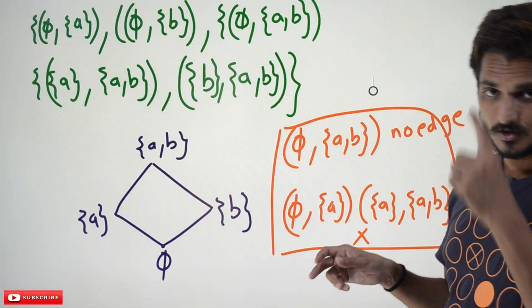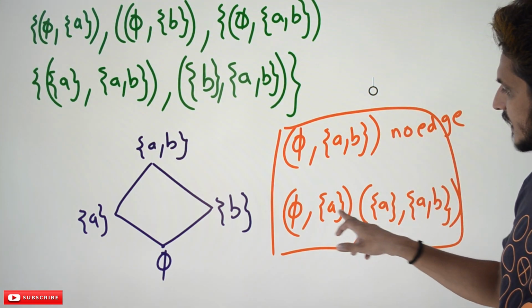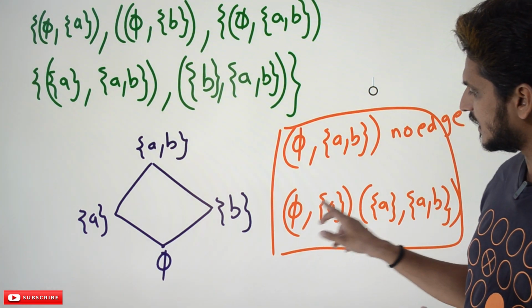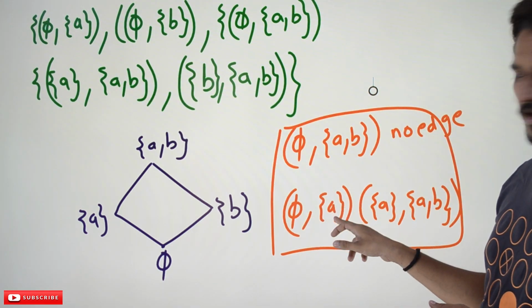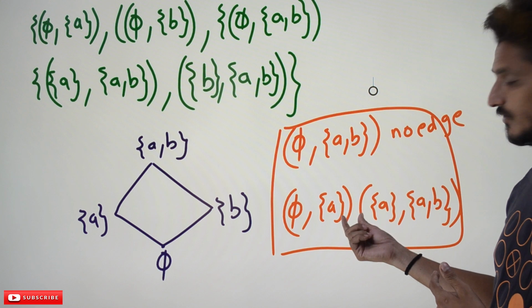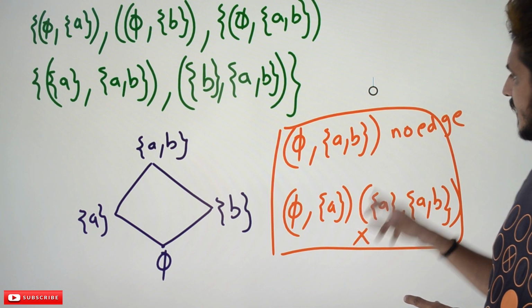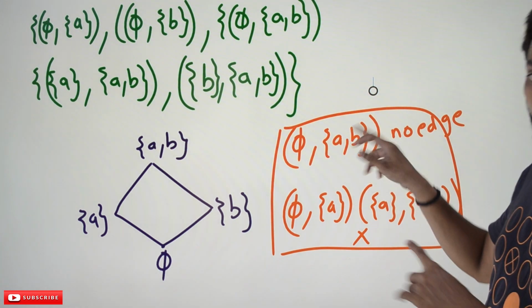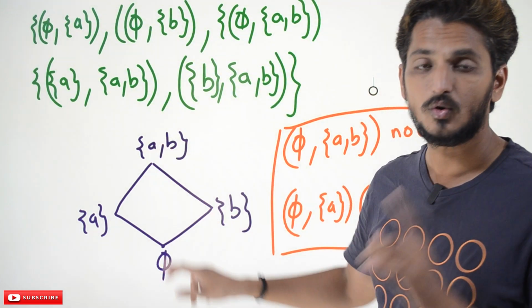What we discussed in the above condition, if we found an element x: yes, we found an element x, which is A. Phi comma A is an ordered pair, which means phi relates to A, and A relates to AB. So we are finding an element A which satisfies the above condition. If it satisfies this condition, then we should not place an edge between phi and set A comma B. That's why for phi and A comma B, we don't have an edge.